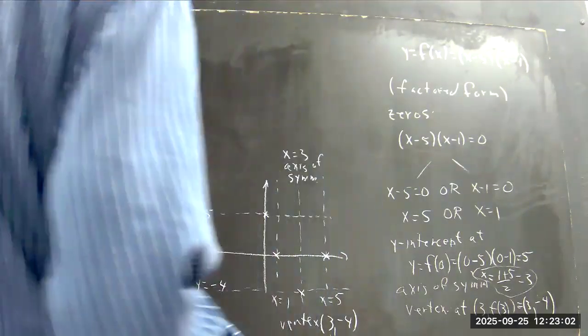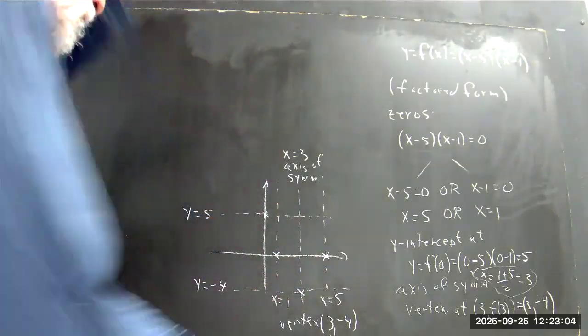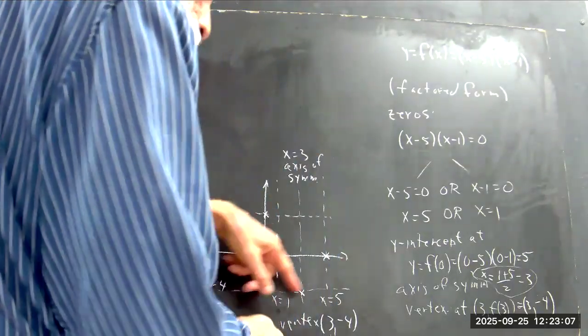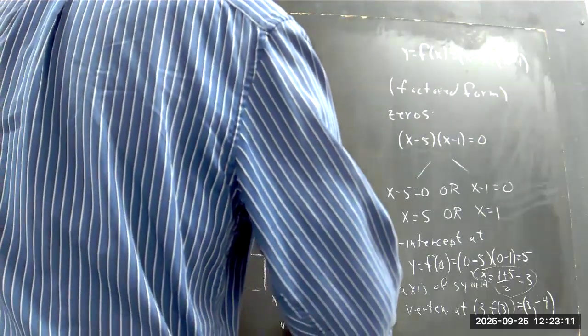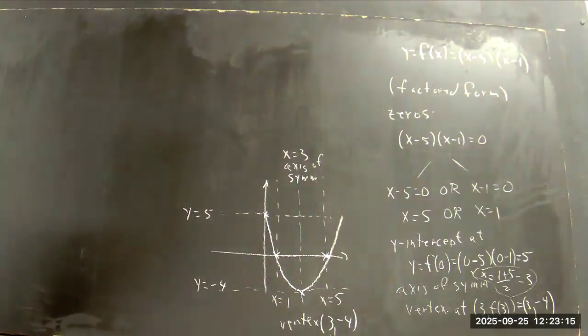Can I draw a parabola through these points? Well, yeah. Those points, you can see the parabola if you think about it. And if you draw it a few times, you'll learn to see it a little better. But the parabola is going to look something like this, right?